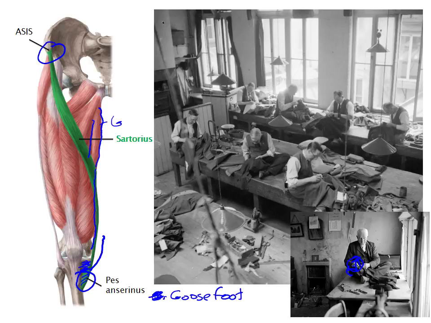That's exactly what the sartorius does for these individuals. It brings the leg up, it brings the leg out, and it turns the leg out. So it flexes, it abducts, and it externally rotates. It is innervated by the femoral nerve. By the way, it's also the longest muscle in the body.